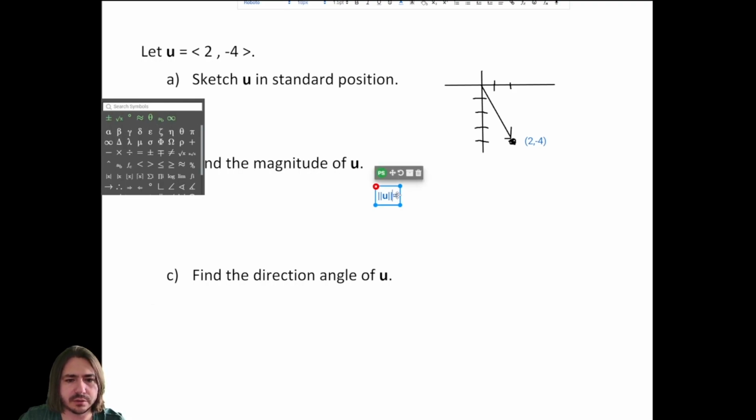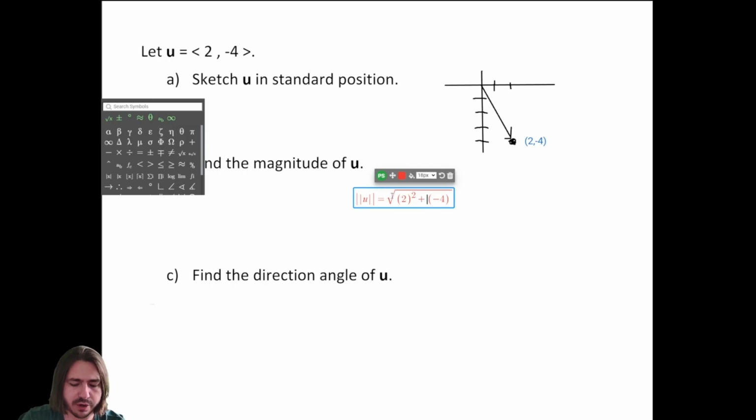Why is that not put in there? Oh, you know what? I'm not in equation form, I don't think. Let's try that again. There we go. So u equals the square root of 2 squared. And then I'm going to write -4 squared here, but normally when I would actually calculate this out, just use positive, because whenever you square something, it becomes positive anyway.